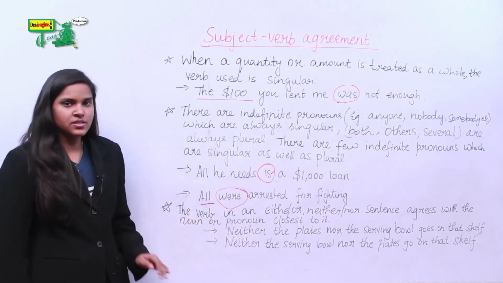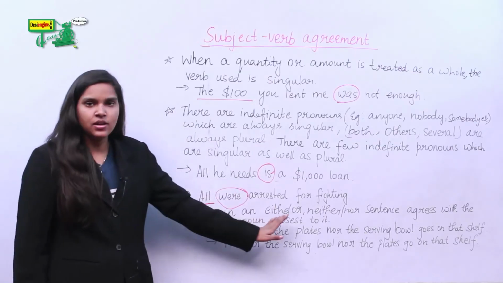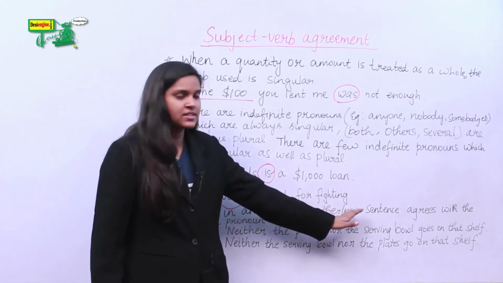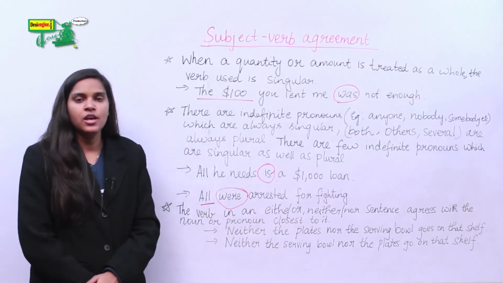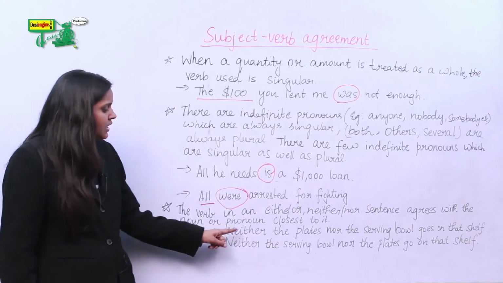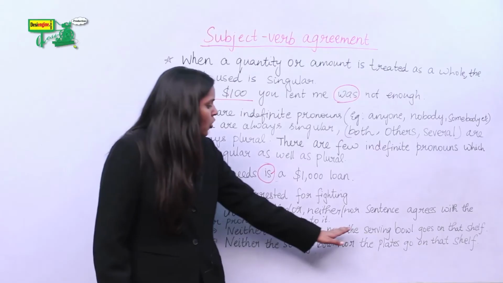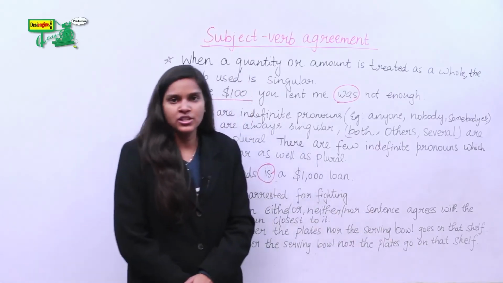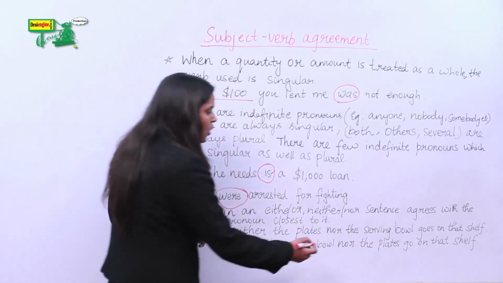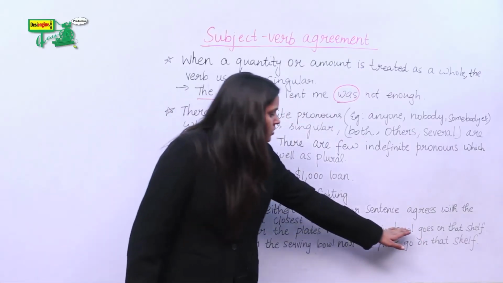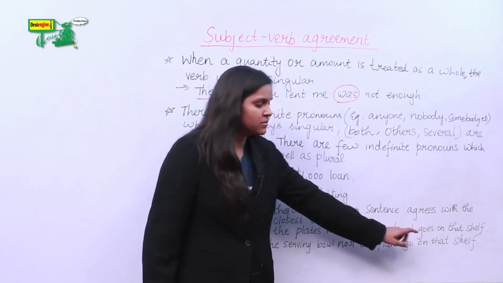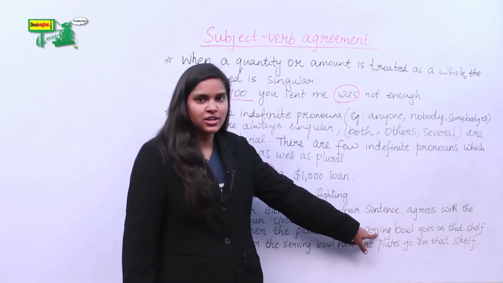The last rule is the verb in an either or, neither nor sentence agrees with the noun or pronoun closest to it. For example, neither the plates nor the serving bowl goes on that shelf. The noun closest to the verb is serving bowl, which is singular.